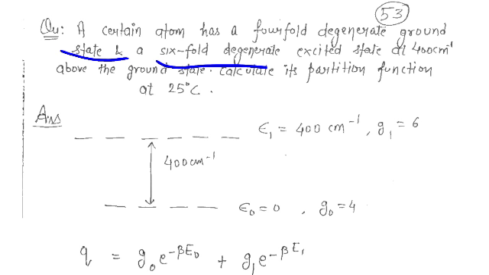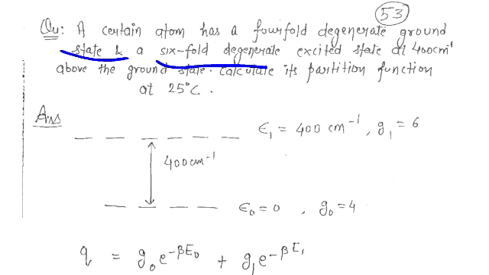Try to understand the meaning of these two words: 6-fold degenerate means states of the same energy, and 6-fold means there are 6 such energy levels. So the excited state has 6 energy levels, which have energy 400 centimeter inverse. And as I already told you in the previous question, unless the question mentions that the ground state energy is not 0, you have to take the energy of the ground state as 0.